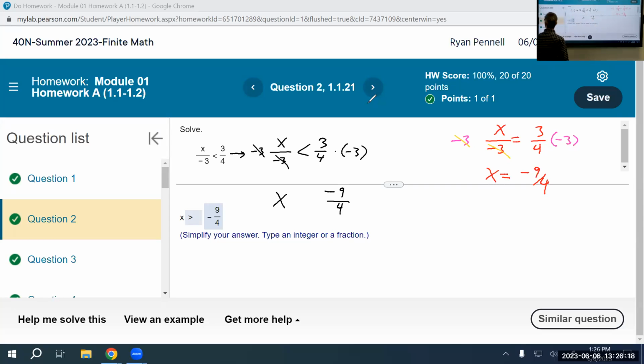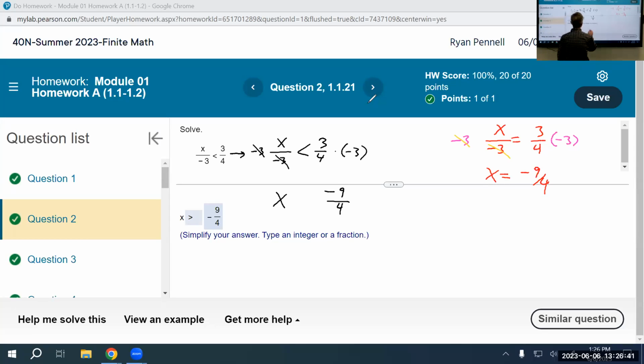But with the inequality, what's strange is if you multiply or divide by a negative number, it flips the inequality. In a more sophisticated way of thinking, you took the opposite. By multiplying both sides by a negative number, you're saying, I want the opposite.